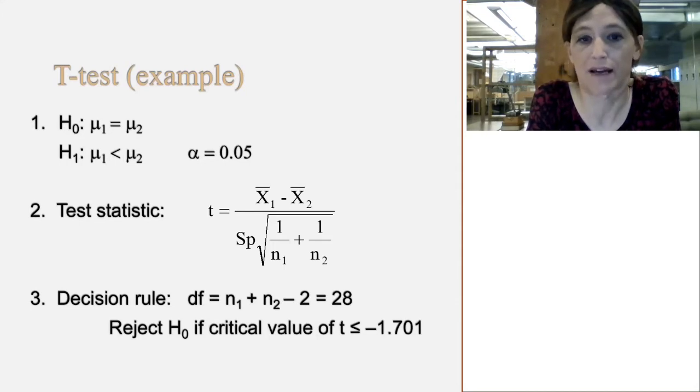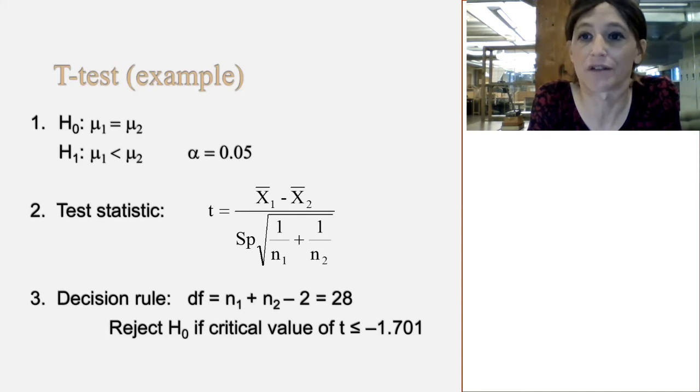Okay, so we're going to set up a test statistic, which is again based on a sample, and we calculate the actual means in this group, the sample means in this group. And in this case, we're going to use what's called the pooled variance. Basically, we have the variance from one group and the variance of another group, and we're going to pool those. We can do this whenever the variances are similar or the standard deviations are similar.